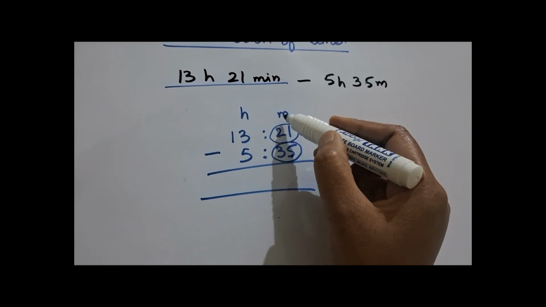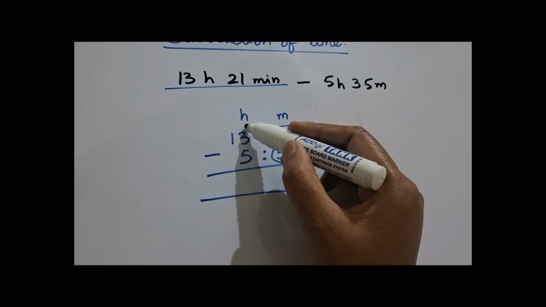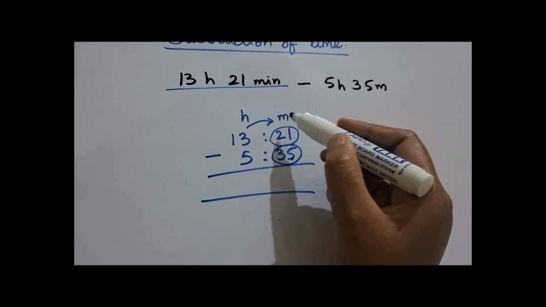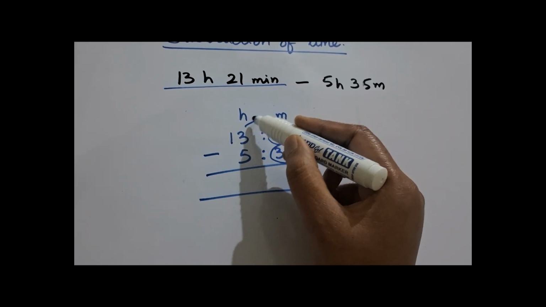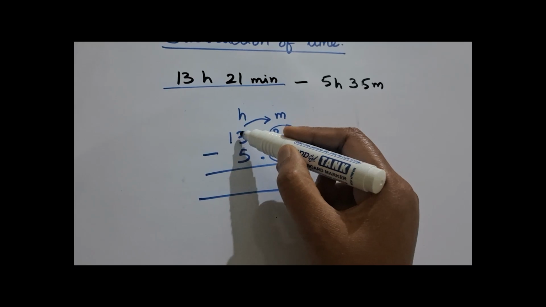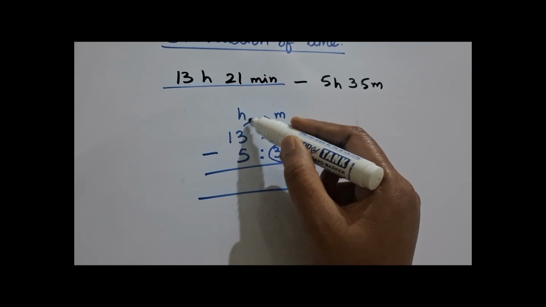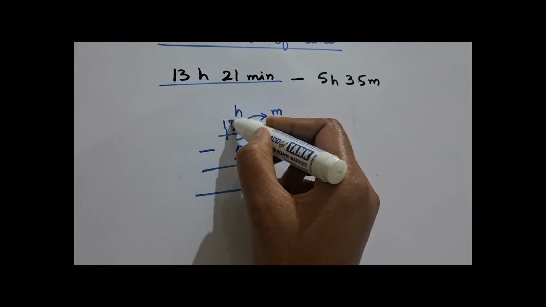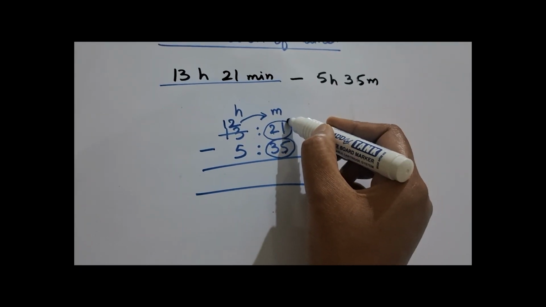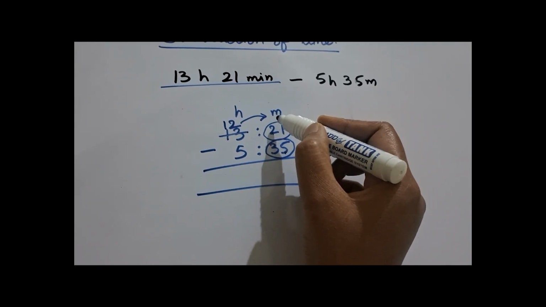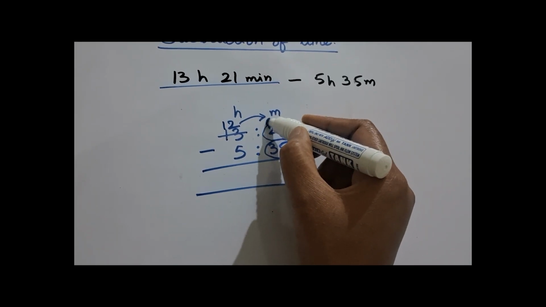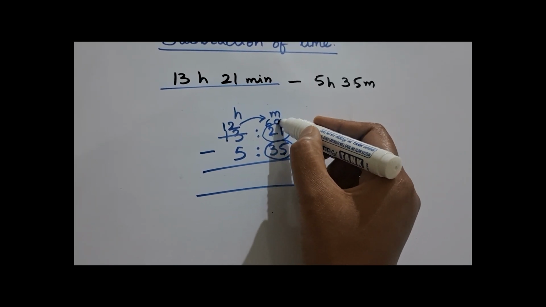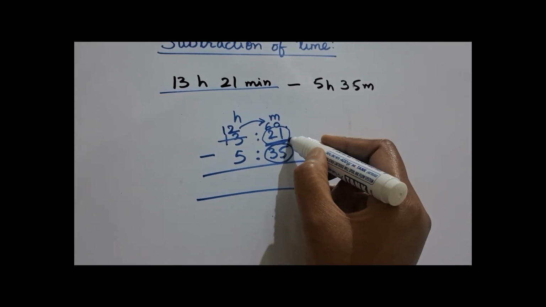When you are taking carry, children, remember that you are not just taking one, you are taking 60 minutes, because you are taking 1 hour from 13 hours, so this will become 12 hours, and 1 hour is given to here. 1 hour means how many minutes, children? 60 minutes. Understood? So 60 minutes you should add to this number.